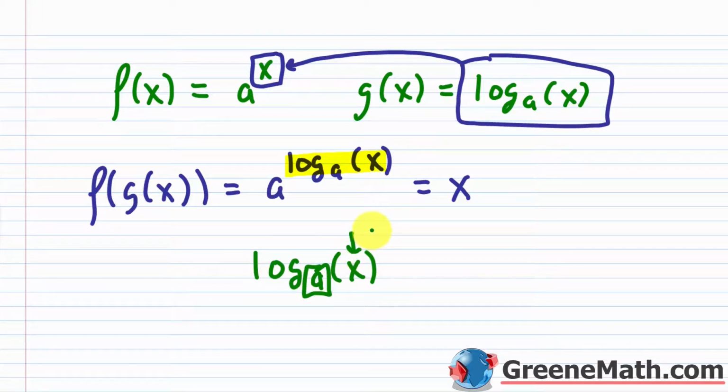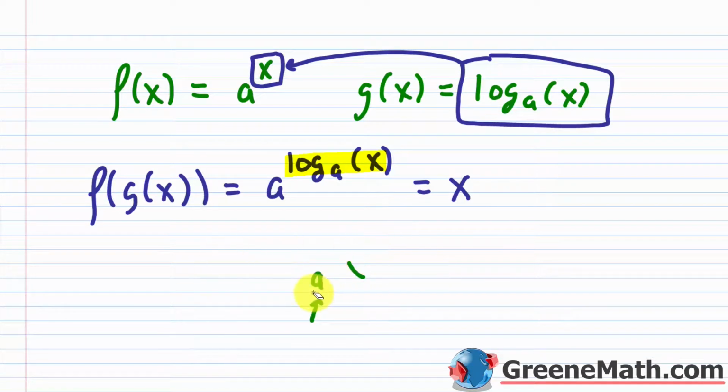So really, I can say that log base a of x is the exponent to which this base a needs to be raised to in order to obtain, again, this answer of x. Well, I have a base of a, and it's raised to the exponent here, because this is really just an exponent, required to give me an answer of x, so I just get x.